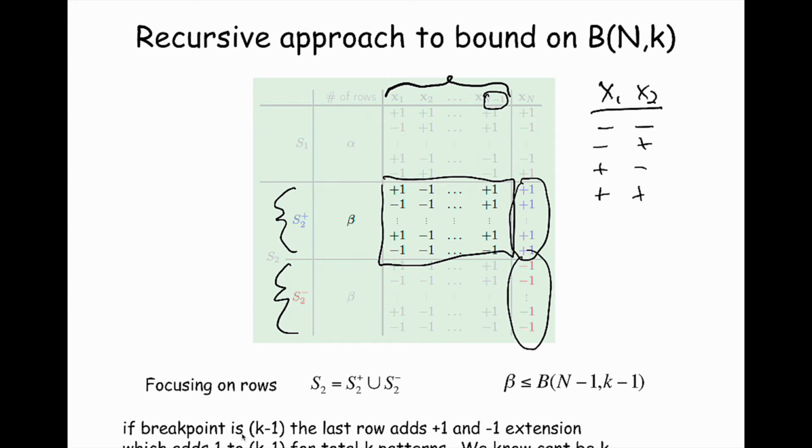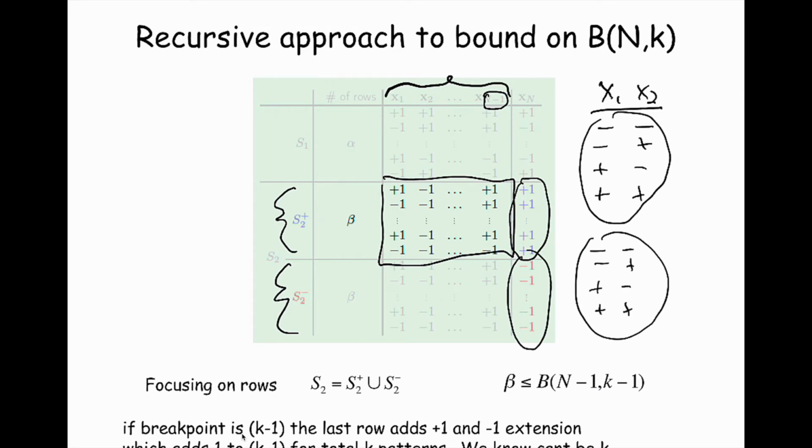If you had another version of this down below, and another position whose alternatives are minus or plus, you could call all of these minus, all of these plus, and now you've increased the breakpoint, okay?